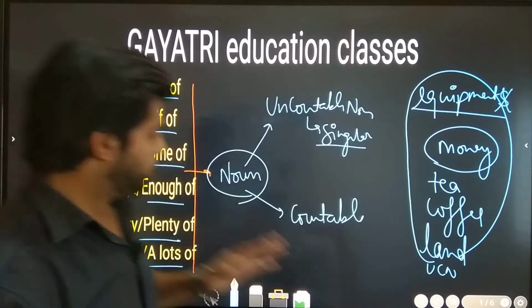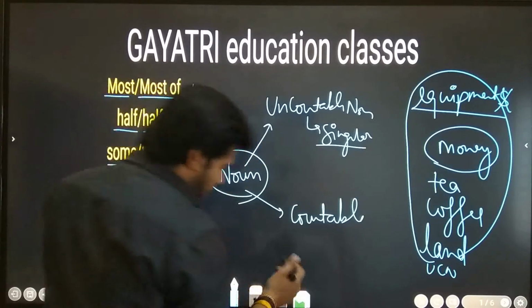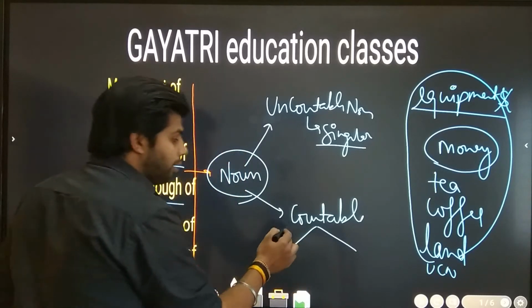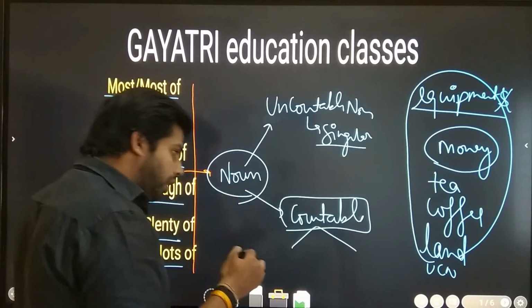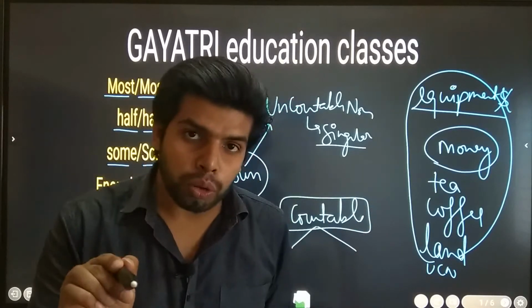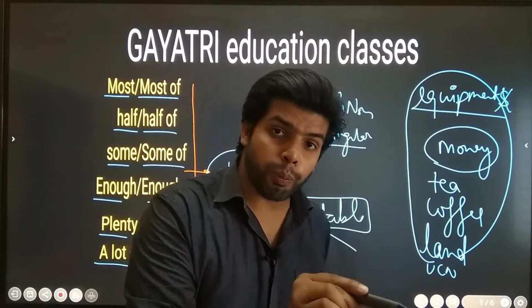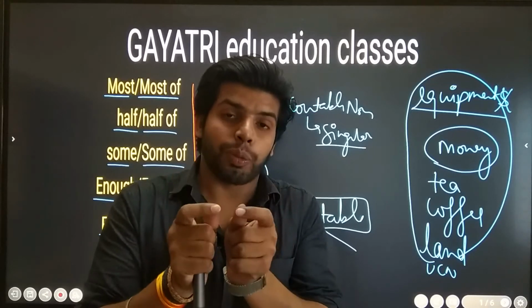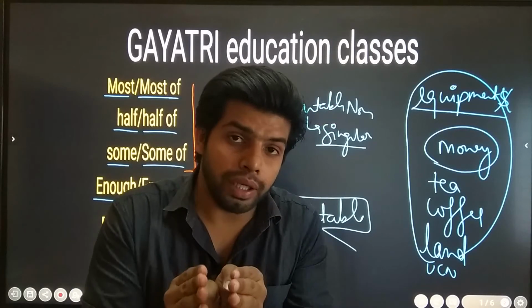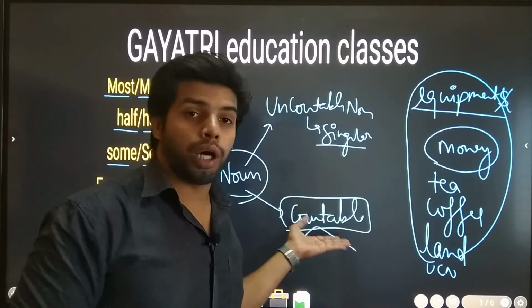Okay guys, so what about the countable noun? Countable is again divided into two parts. What is the meaning of countable, guys? Which words do we call countable? Those words which provide you the singular form and also provide the plural form. Any word which provides both the singular form and the plural form, only then do you put it under the list of countable.